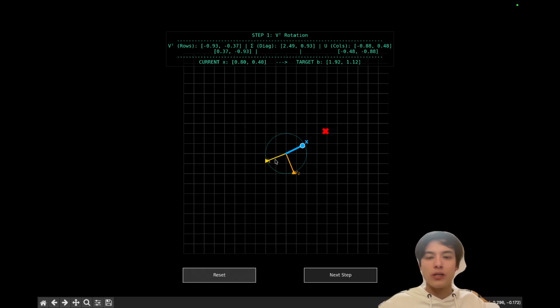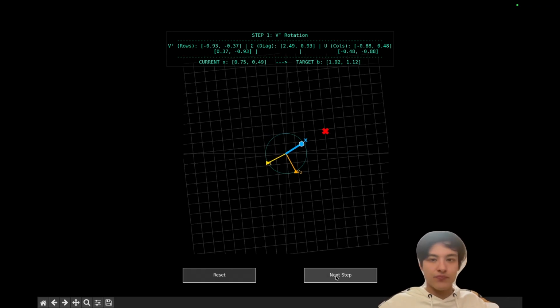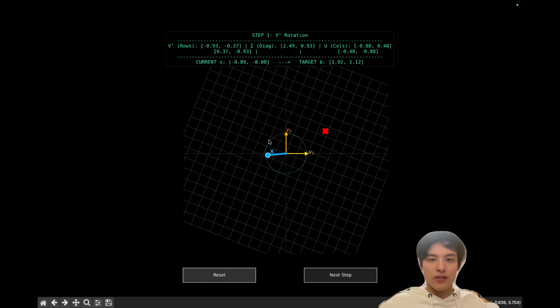So what we do is basically we try to move them to align to our axes, x and y, and then when we're there, we can then scale it and then move to our output space. So let's see that in action. This is the start of x. So this is B where we want to get. So we would first spin it. So this is applying our V, I think.